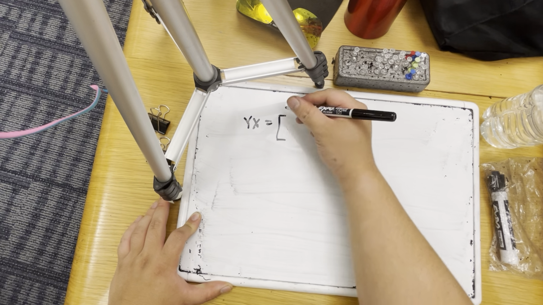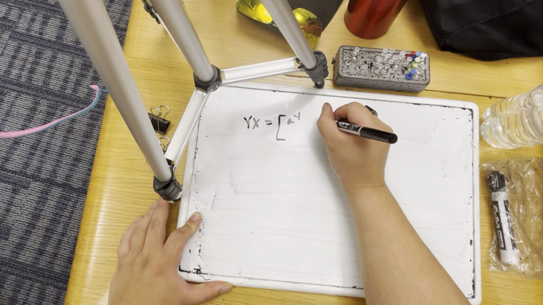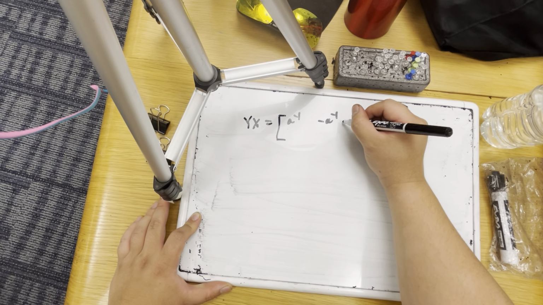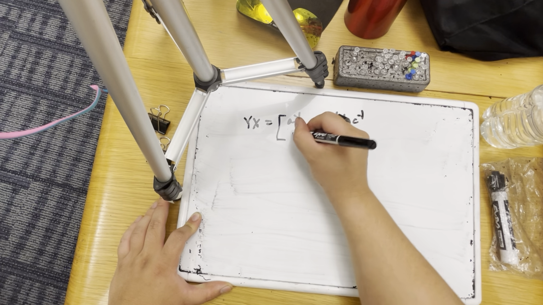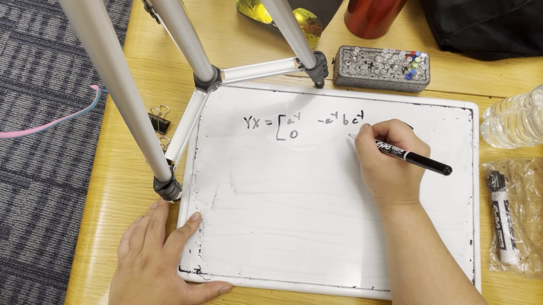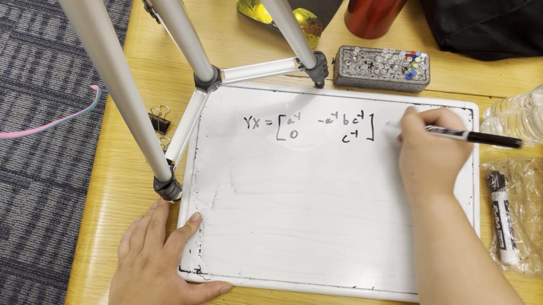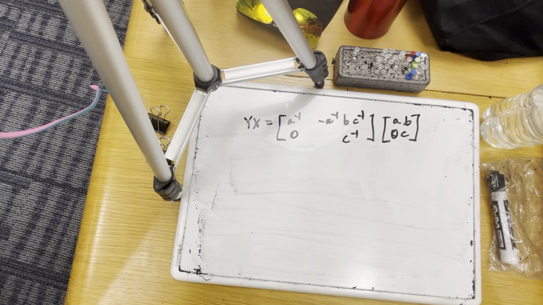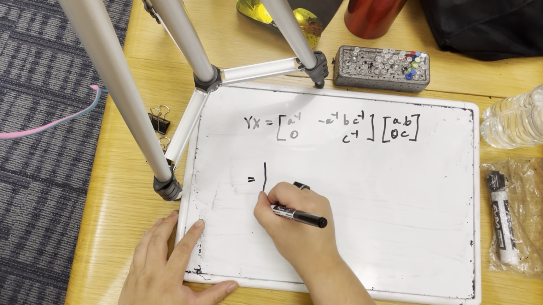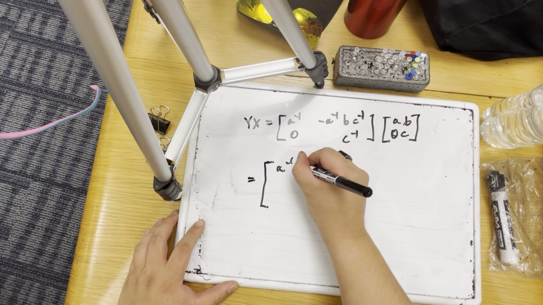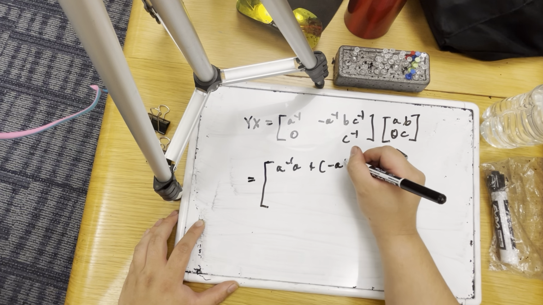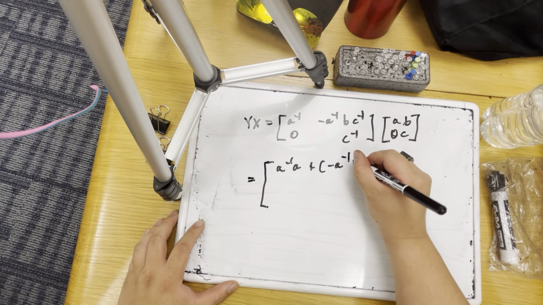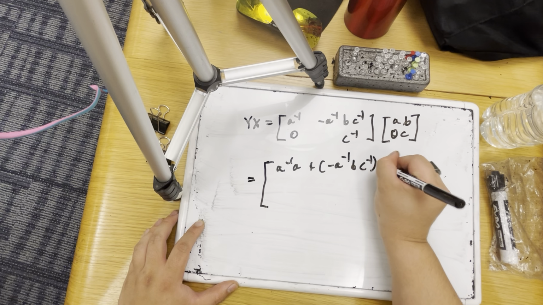YX is equal to inverse of A, then negative inverse of A times B times the inverse of C, then 0, then C to the negative 1, the inverse of C, and then multiply that by X, which is A, B, 0, C, right? So what do we get then? Well, then we get the inverse of A times A plus negative inverse of A times B times the inverse of C times 0.